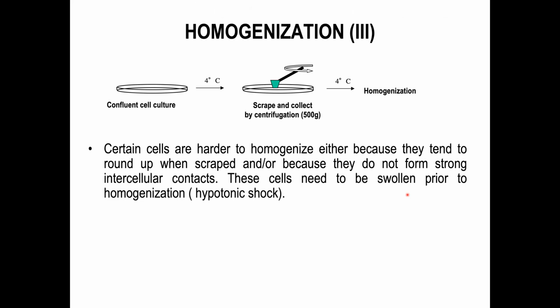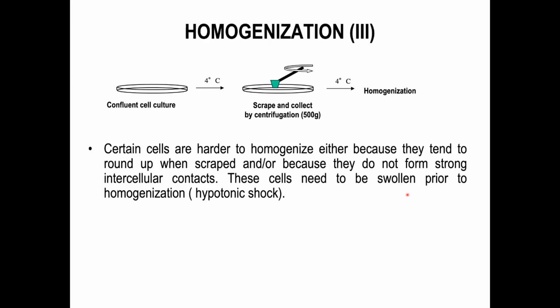Now, there are certain cells that are more difficult to homogenize because they tend to round up, as I said before, or they do not form intracellular contacts. And there is a way to help you not to apply too high shear forces: you apply a swelling procedure by changing the osmolarity of the medium.